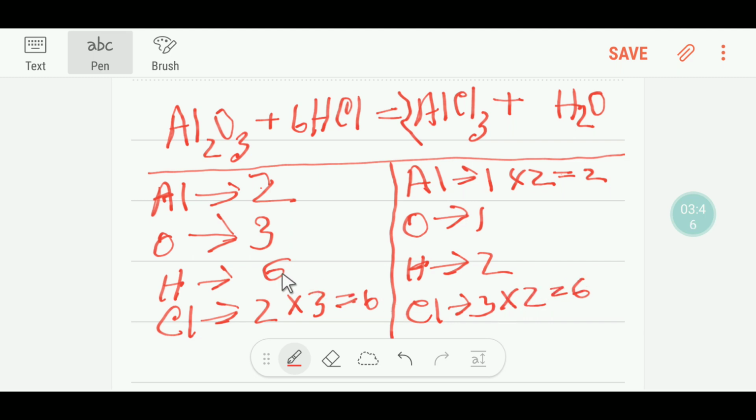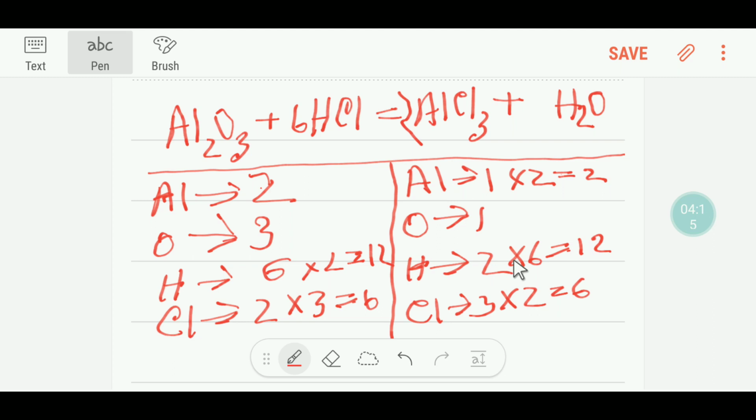But now our hydrogen, here 6 and here 2. So to balance the hydrogen, I can multiply here by 6, right? That gives me 12. And I can multiply here by 2. That gives me 12, right? And remember, this 6 must come before this hydrogen and these 2 must come before this hydrogen.